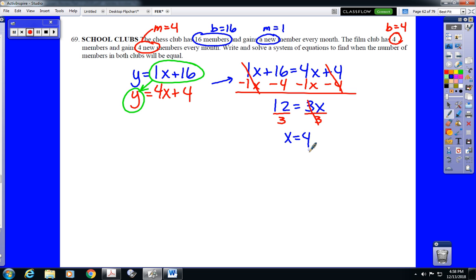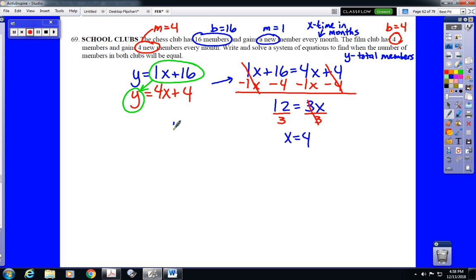That is actually the answer to the question because it says when. Well, months is your x. X is time in months. And your y in this situation is total members. We're being asked about the time, not the number of members.